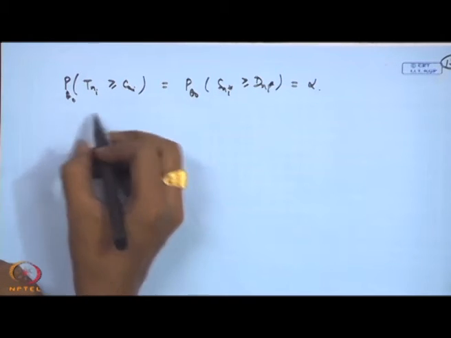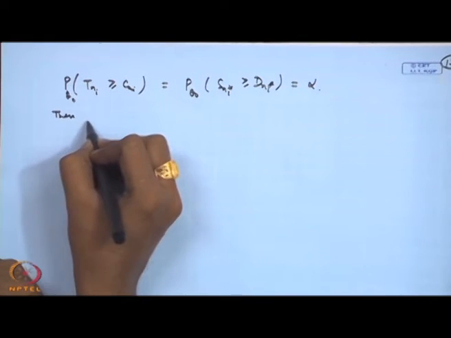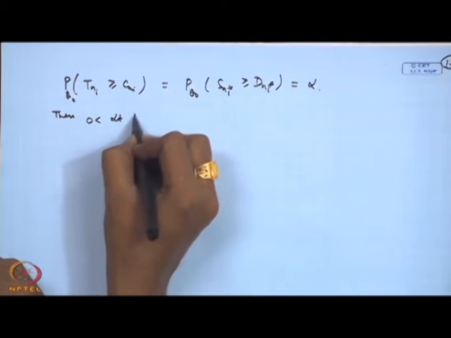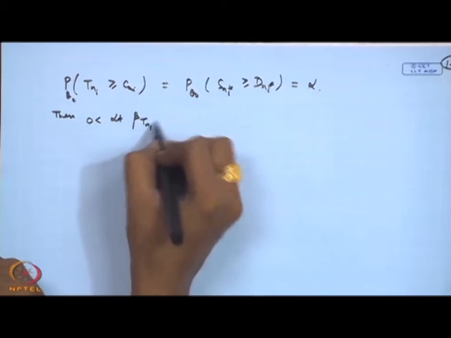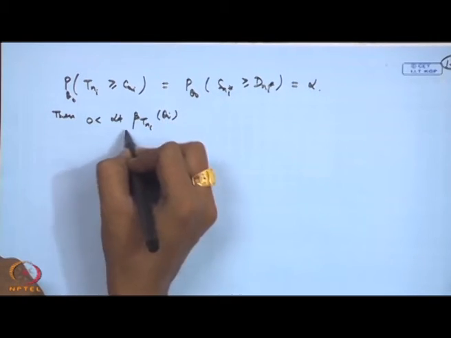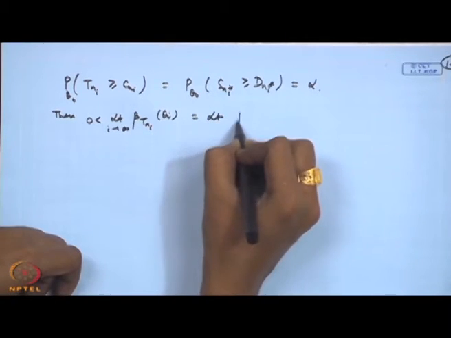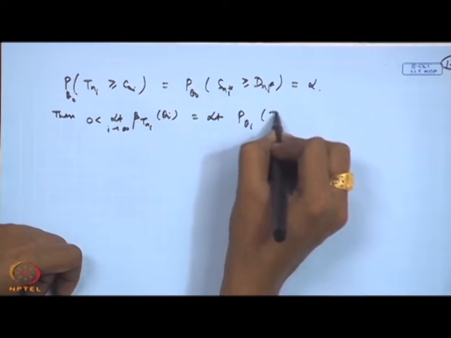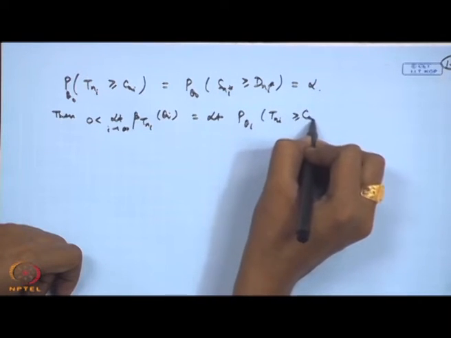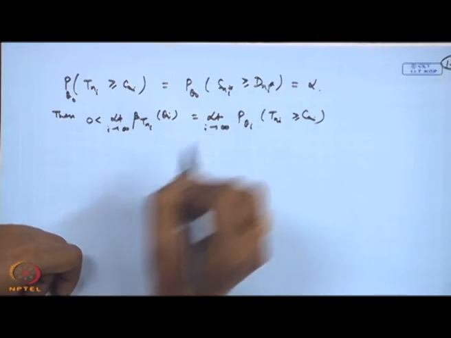So, then you can consider here 0 less than the limit of beta Tn i theta i as i tends to infinity, that is equal to the limit of probability under theta i of Tn i greater than or equal to Cn i as i tends to infinity.